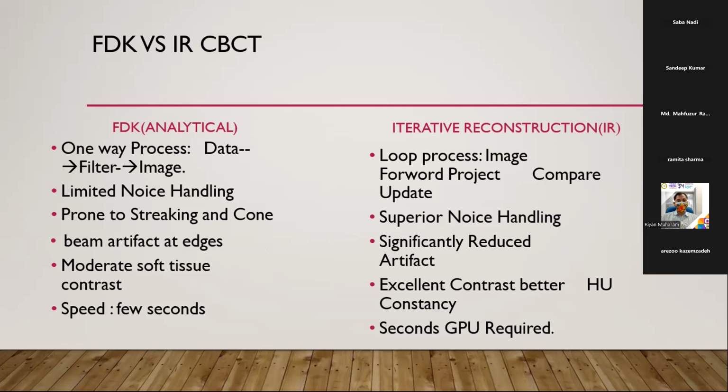If we see the differences between the earlier used FDK analytical algorithm and the iterative reconstruction based CBCT algorithm: in FDK, it was basically a one-way process. Data was captured, filtration was performed, blurring and other artifacts were removed, and finally the 2D images were compressed into the 3D image.